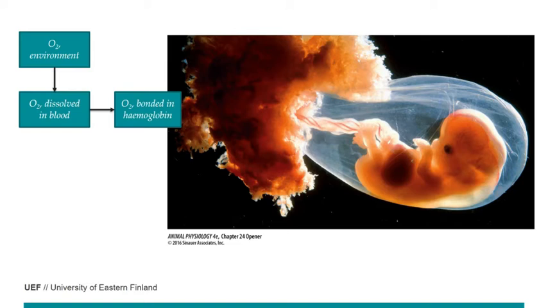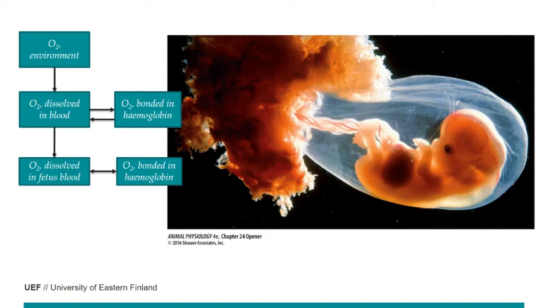But it's not like that for the fetus. First of all, before it goes to the fetus, it must be unbound, released from the mother's hemoglobin, and then transported to the fetus blood and bound on the fetus hemoglobin. And then, in the circulation of the fetus, it reaches the cell, then it must be unbound, released from the hemoglobin.